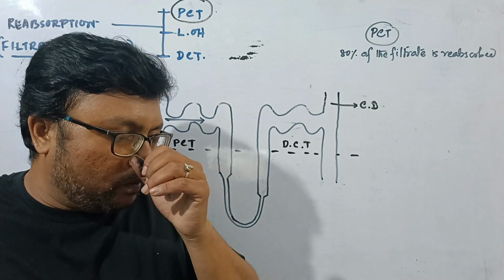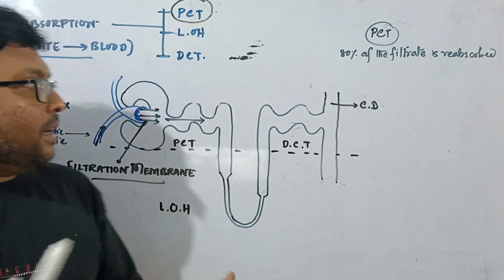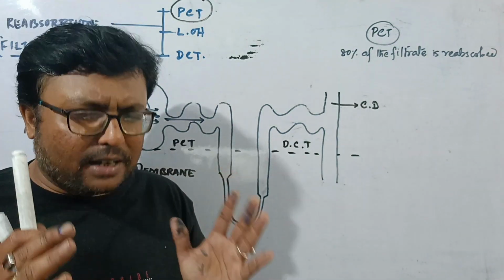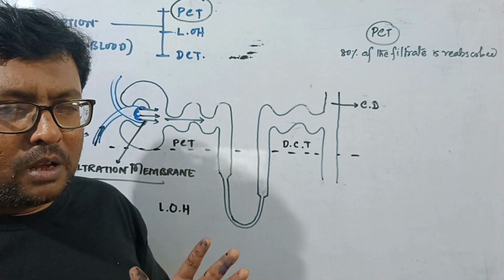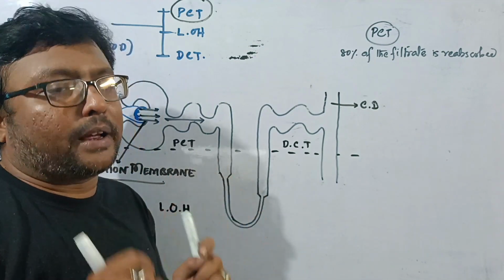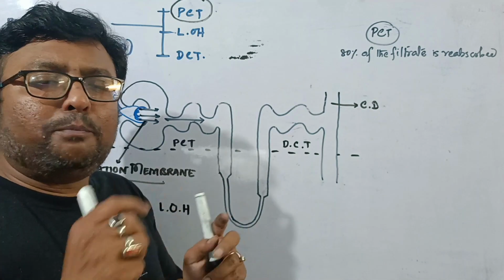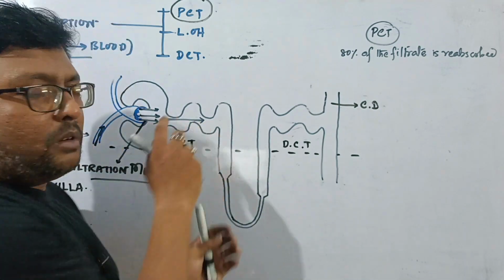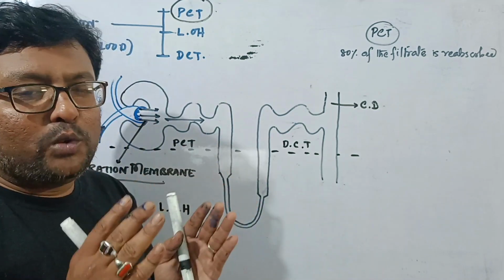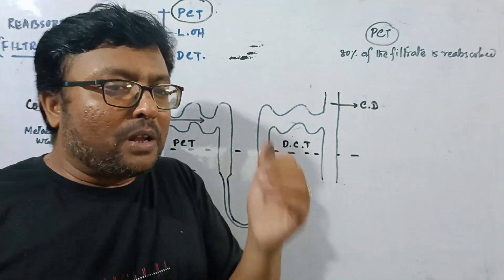Another reason is that it shows convolutions, which is why it is known as the proximal convoluted tubule. Due to these convolutions, the filtrate remains within the PCT for a long time. You can write it down if you wish: filtrate remains within the PCT for a long time due to the presence of convolutions, and that is why most of the filtrate is reabsorbed from the PCT itself.